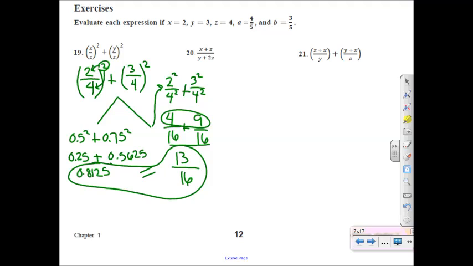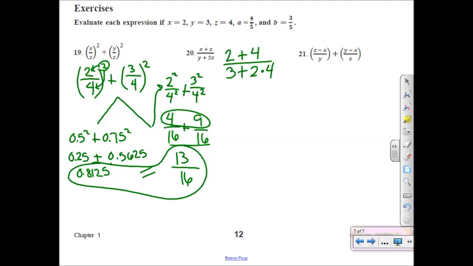Number 20, X plus Z. X is 2 plus Z is 4 over Y is 3 plus 2 times Z is 4.